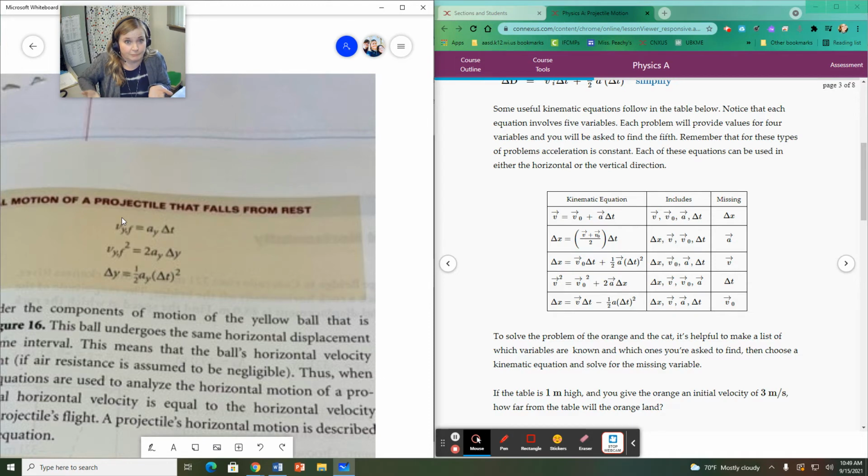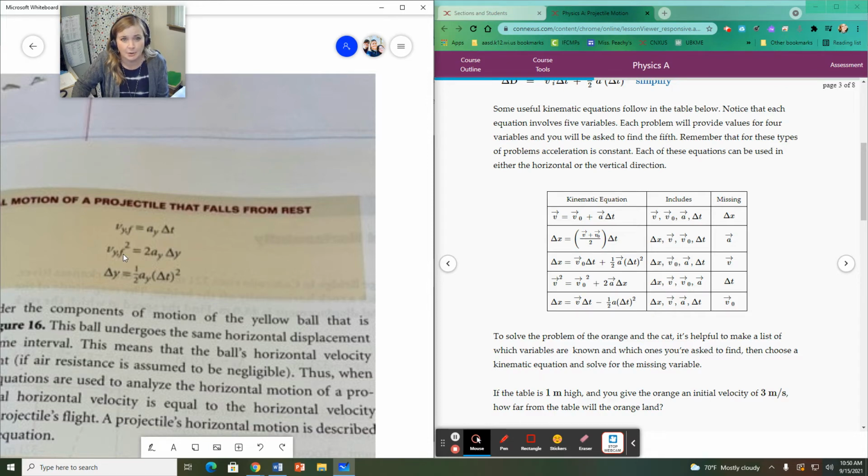Just as a review, remember that when the orange first starts to fall, it has 0 y velocity, instantaneously, right away. As gravity pulls on it, it gets faster and faster and faster. So v sub yf is the final velocity of the orange when it hits the ground in the y direction, straight down, right? I don't know what that is, so I can't use the first arrangement.